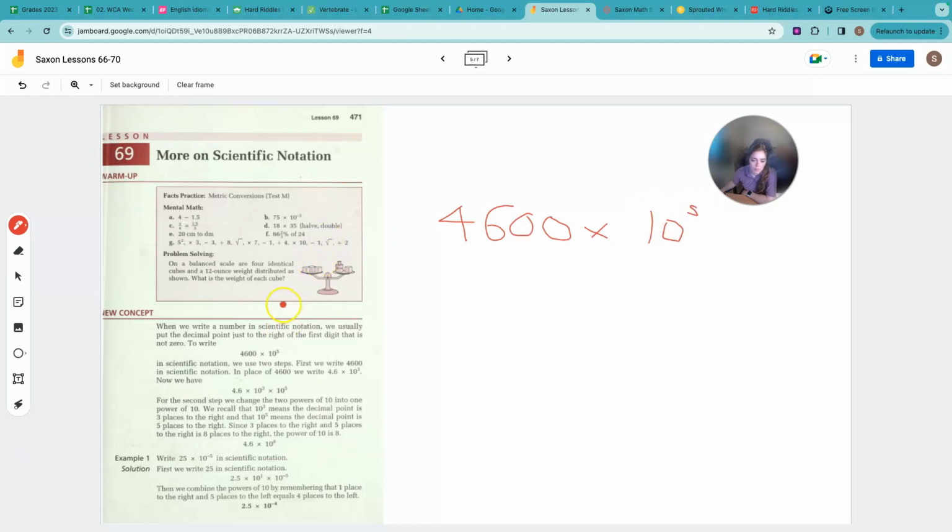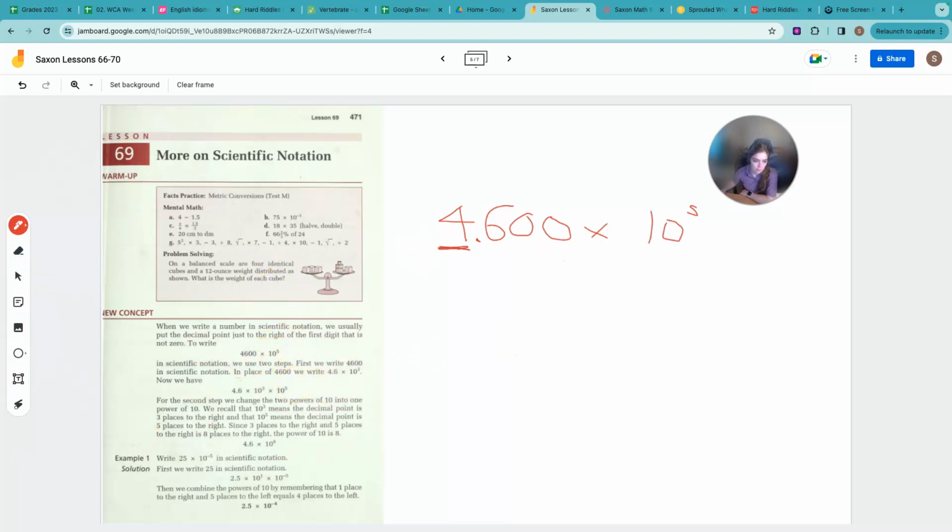When we write a number in scientific notation, we usually put the decimal point just to the right of the first digit that is not 0. So what's the first number here? It's 4. So we know we would put the decimal point just to the right of the first number that's not 0. So that's how we would decide.